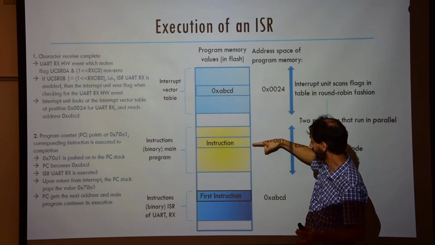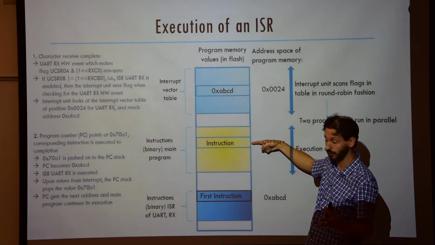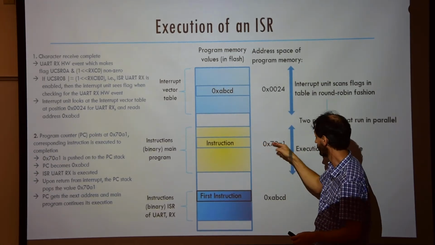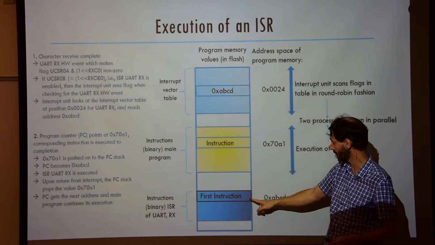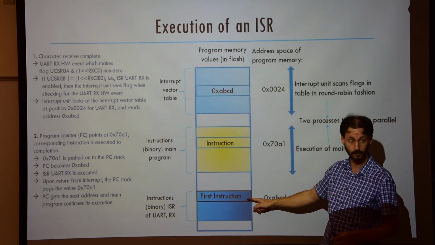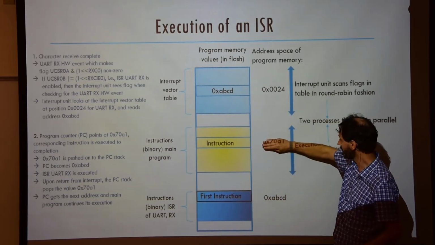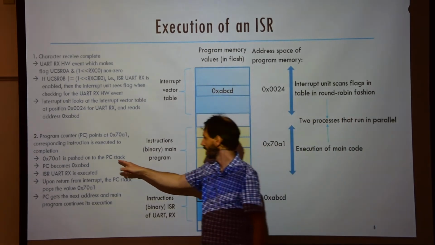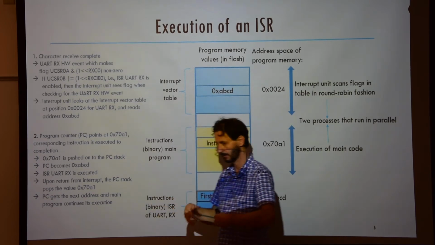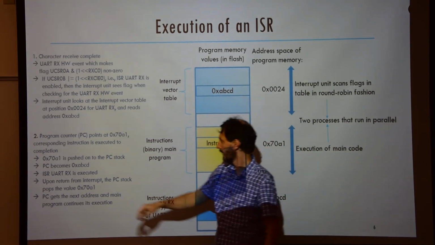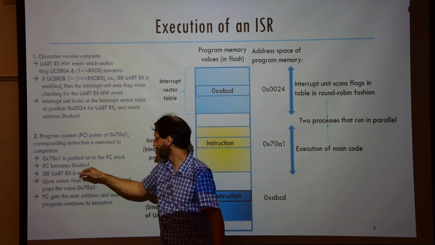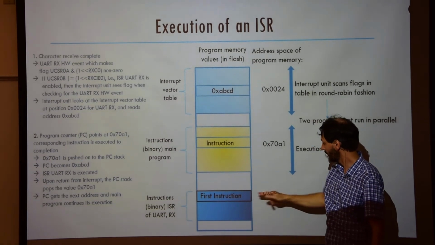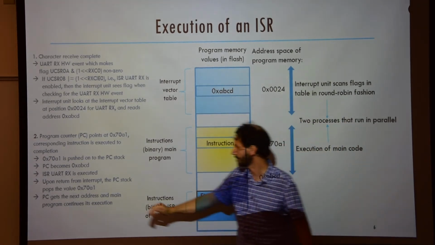The program counter is pointing at where to fetch my next instruction, but you will not do that anymore, because you want to jump to the first instruction of your interrupt service routine. So what happens is that this program counter is saved for later use. We call that the program counter stack. It's pushed on top of it, and now the program counter becomes this particular value that it read from this address. You jump over here and you start executing.